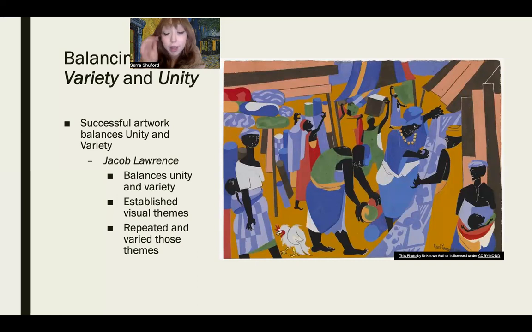Shape is another element that he uses to repeat itself, with the figures and the form. Also these little shapes he's got up here, the rectangles that are part of the buildings here. But he does a really great job of having a lot of chaos, essentially a lot of variety happening in the movement and in the composition of his piece, but he ties it all together with color and shape very, very well.